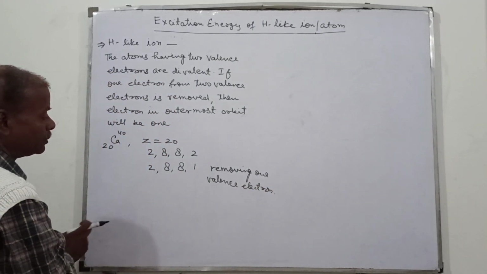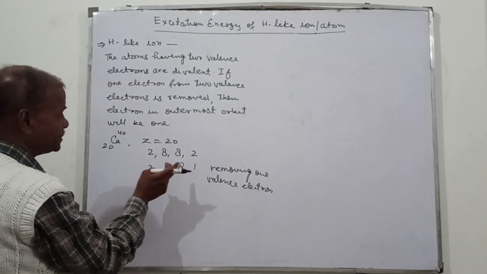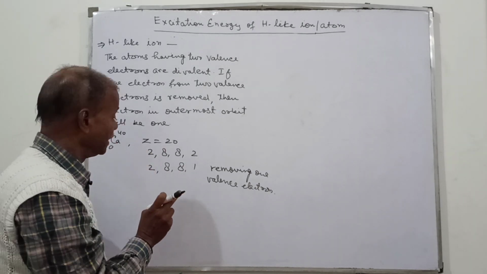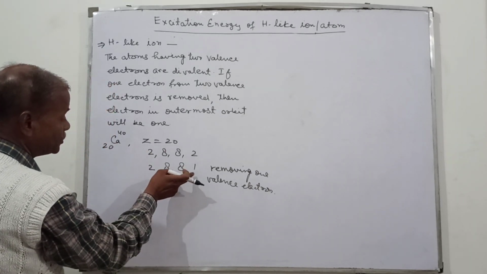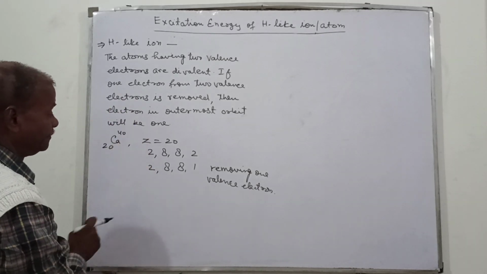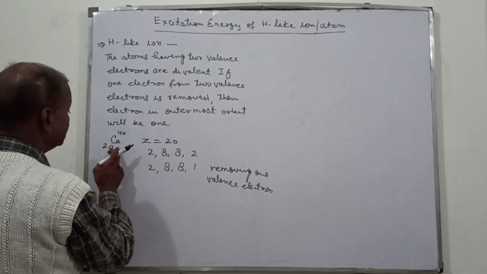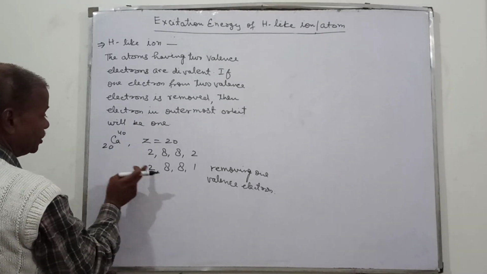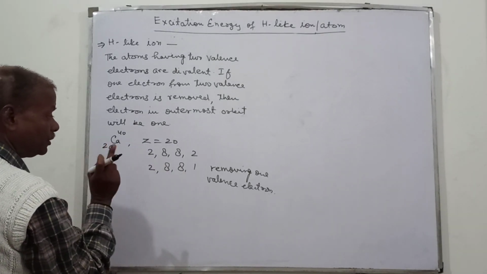Then there will be only one electron, and in that case it will be just like the sodium atom. So it will give a spectrum just like the sodium atom and the hydrogen atom. So this is a hydrogen-like ion, having only one electron.